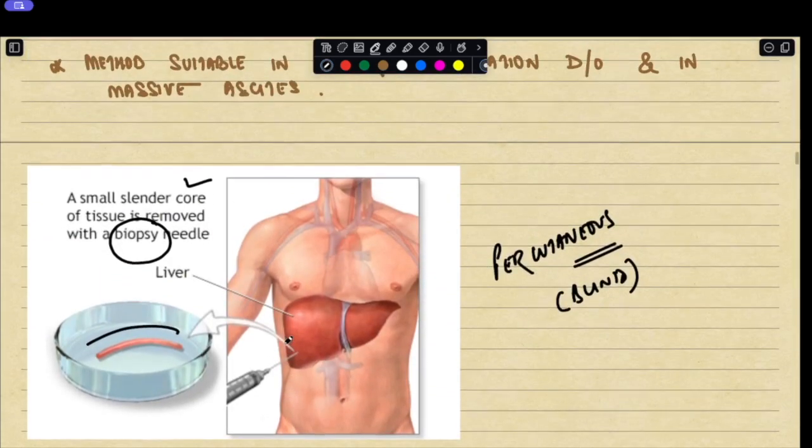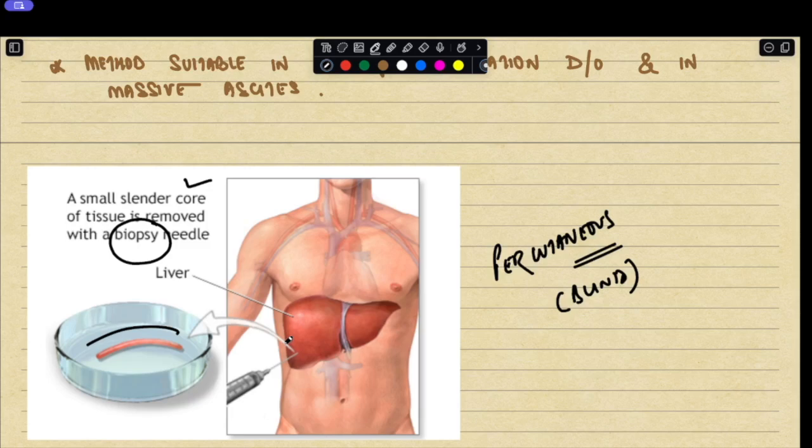From a pathologist's point of view, what is important is the biopsy interpretation, so part 2 becomes very important. But these details that I am discussing today are also important for answering many questions, and they will form part of the answer when the biopsy interpretation of the liver comes in the exam.